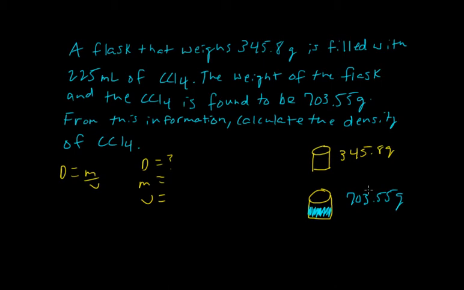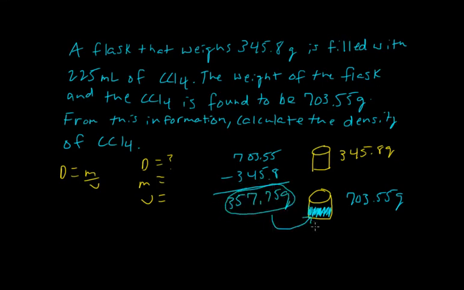And when you do that, we'll say 703.55 minus 345.8. So when I actually subtract these numbers, I'm going to get 357.75 grams. So this number is the mass of the blue liquid, the CCl4, that's in the flask.